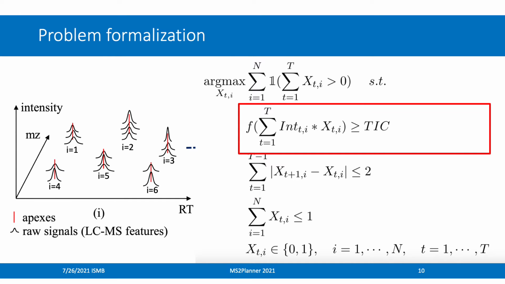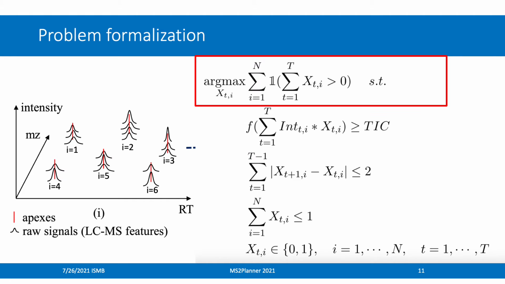The first constraint is designed to only collect high-quality fragmentation spectra. Here we use TIC, the total ion current of MS2, as a measure of the quality of the fragmentation spectra, and we will train a linear regression model to predict the expected TIC based on the sum of the MS1 intensity. And what we want to optimize is the total number of distinct MS2 acquisitions.